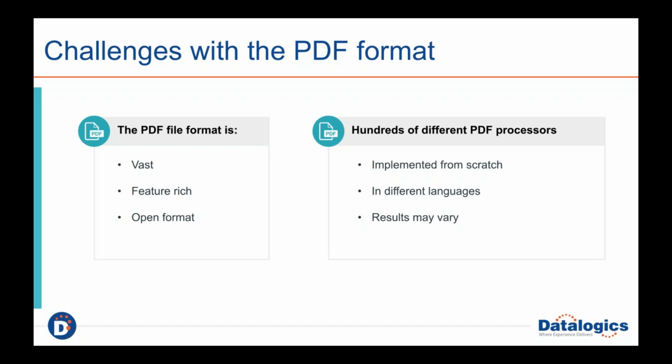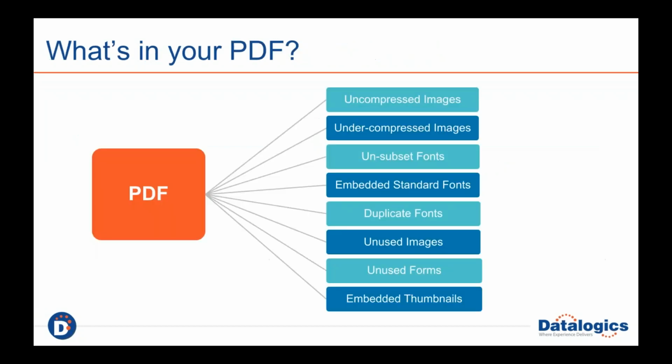Those are some of the challenges with the PDF format itself. If we talk about a PDF, it's a container of different objects, but what's in a PDF? Well, there are things like images, fonts, forms, embedded thumbnails. Those are just a few of the things that are in a PDF.